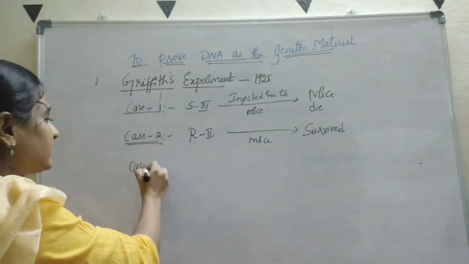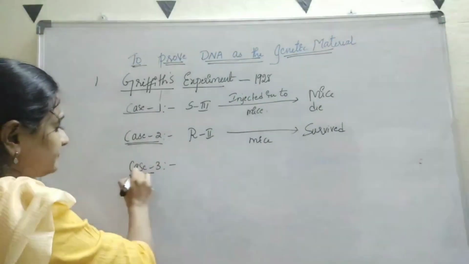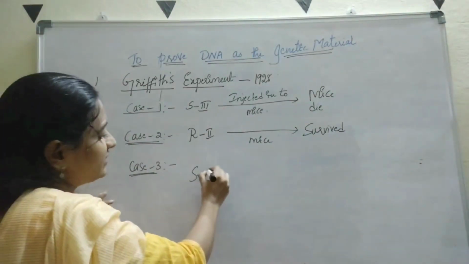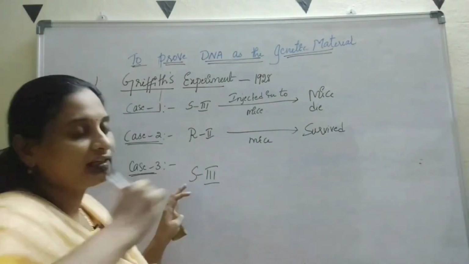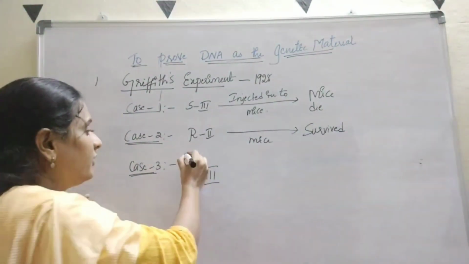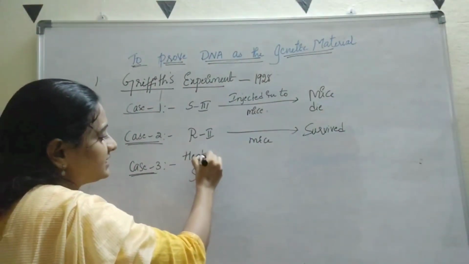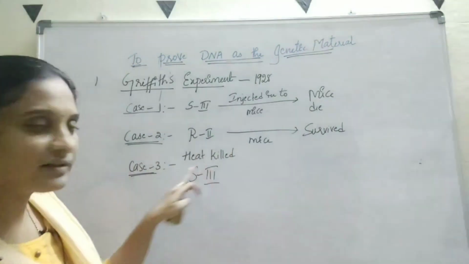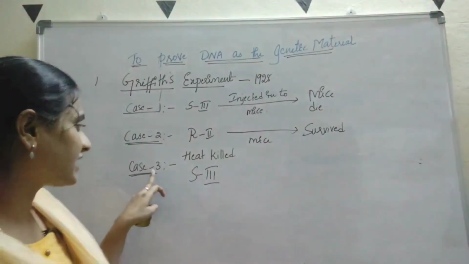Coming to case 3. In case 3, he used the smooth strain, but he used the smooth strain with heat killing. He used heat killed smooth strain in case 3.